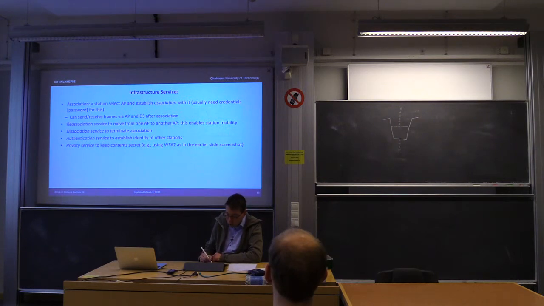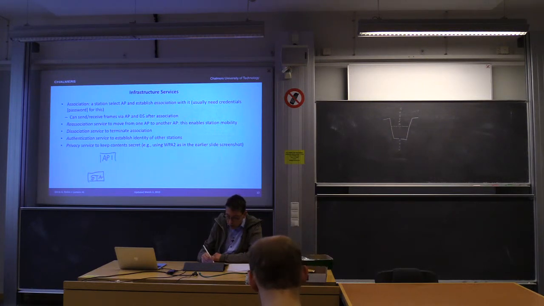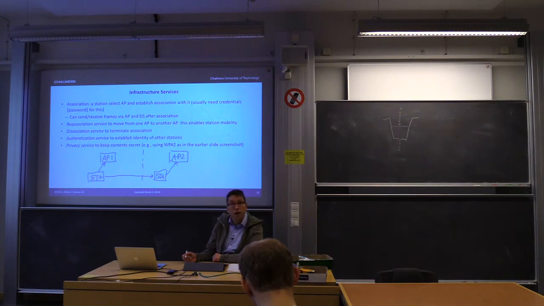So if you're a station like this, and there is an access point here, access point 1, there is an access point 2, and somewhere in between when you're connected here and the station goes over to the other side, then it switches to communicate with that access point.